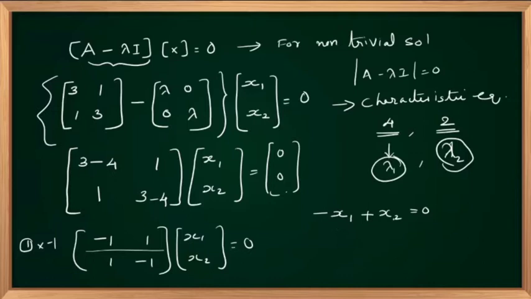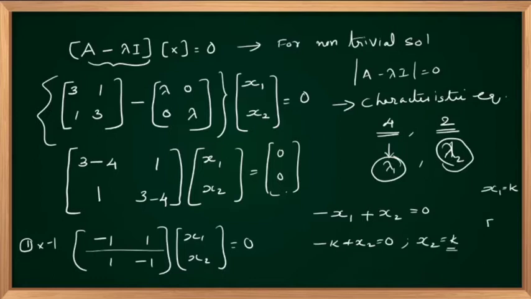Now from this equation I will assume one value for h1, which is k. With h1 equal to k, I have minus k plus h2 equal to 0, correct? So what is h2 then? h2 is also equal to k.